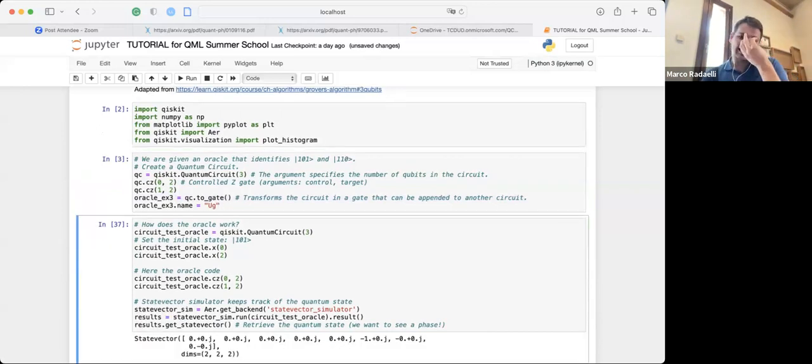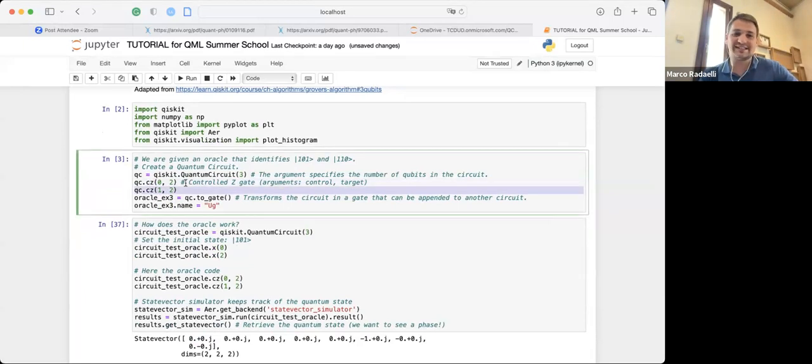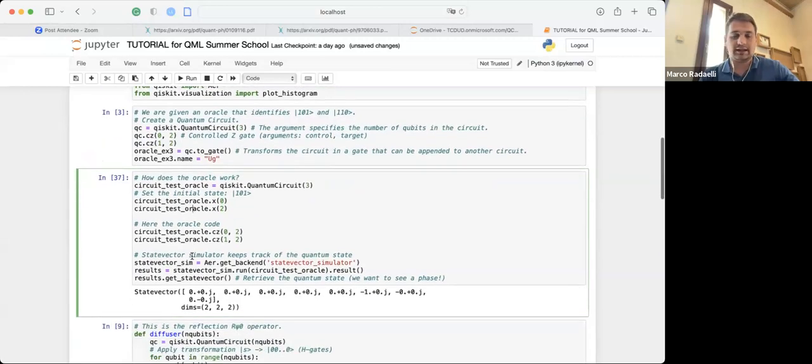As you can see, we are not including in any way the minus state. Actually, what we are creating here is what we call the UG tilde. Somehow, the fact that we can use this CZ means that we do not need in any way to have this added minus state.